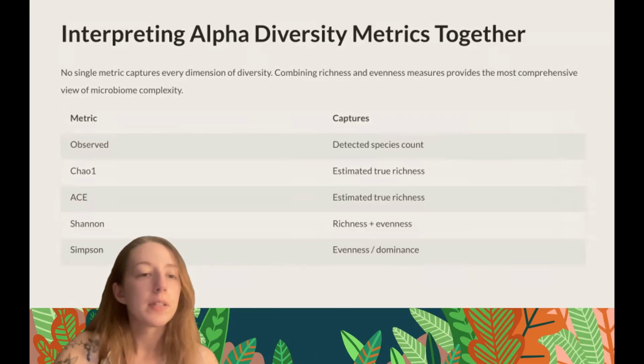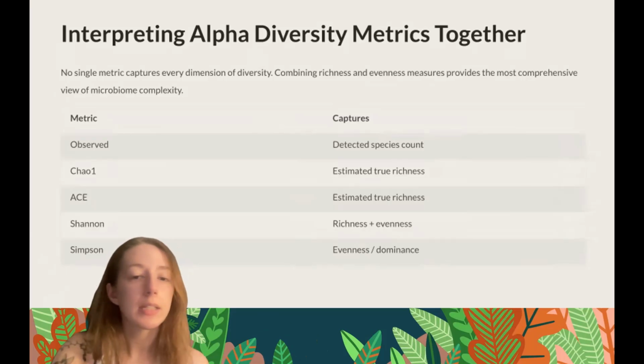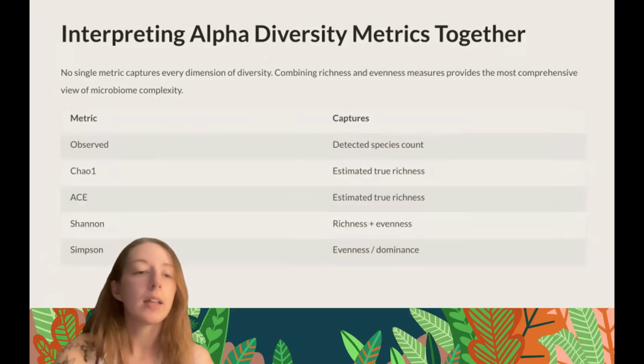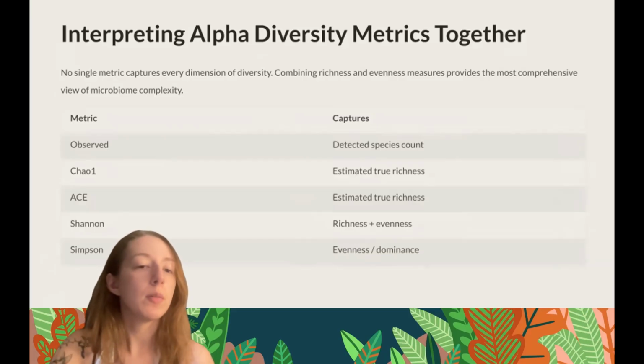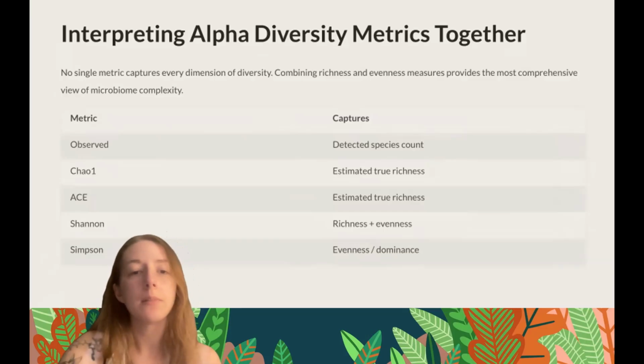This is just a little bit of a summary looking at all the metrics that we went over today, how they are taking into account richness or evenness and dominance. One thing to note is that not a single metric is going to tell you all the dimensions of diversity. So it's important to combine the measurements and think about them all together.